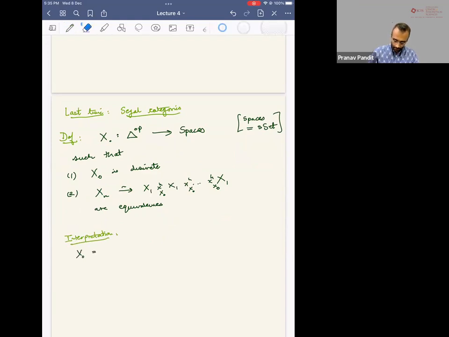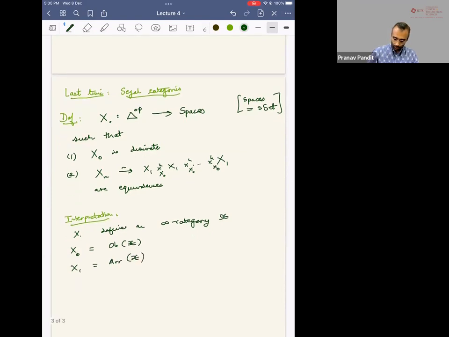So X dot defines an infinity category, script X, where X0 is the objects of X, X1 is the space of arrows of X, and more specifically for x, y in X0, the mapping space X(x,y), this is now a space, and this is the fiber product x cross over X0, X1.